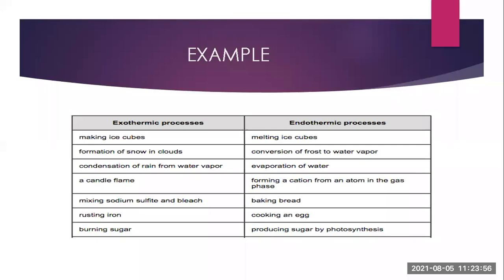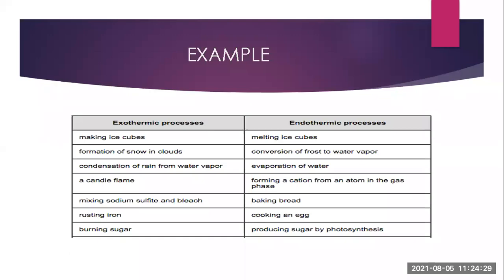As you know, it absorbs heat energy, and because of this it evaporates. Then a candle flame is an example of exothermic. Endothermic is forming a cation from an atom in the gas phase. In exothermic reactions, you can say mixing sodium sulfite and bleach. In endothermic, baking bread is also an example. Then exothermic is rusting iron, then burning of sugar. These are all examples of exothermic processes.